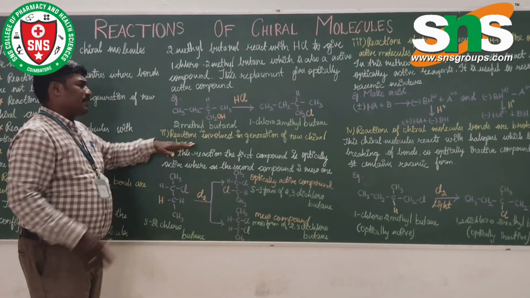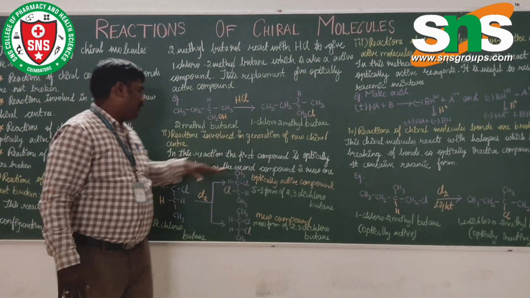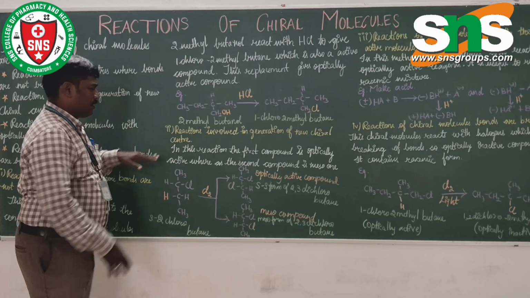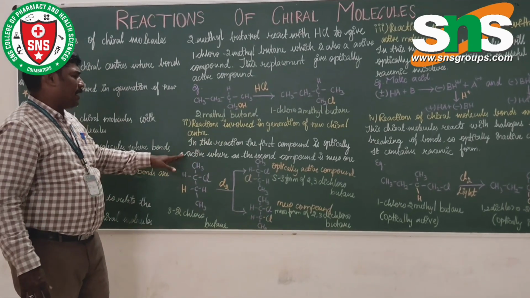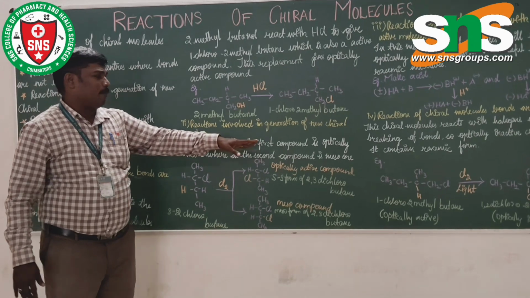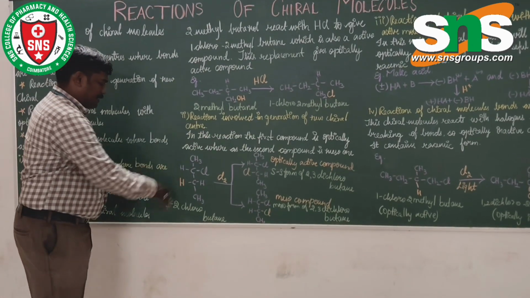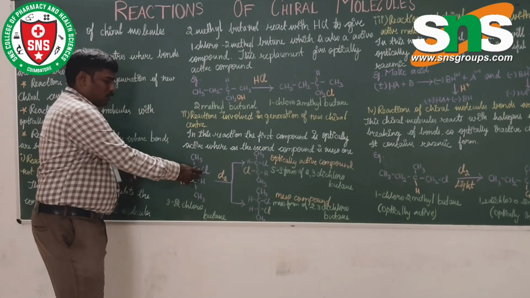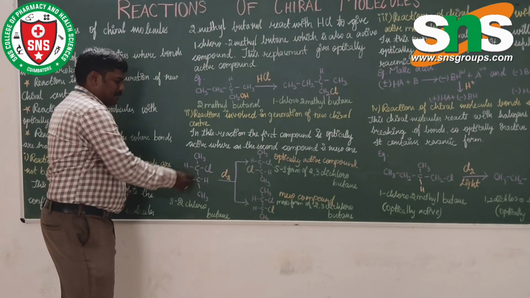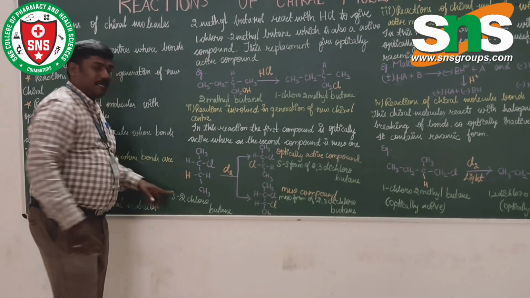The second one is reactions involved in generation of new chiral center. You will find this reaction. Here the compound is optically active, whereas the second compound is a meso one. Here is the example, S-2-chlorobutane. In second position chlorine is present, CH3, CHCl, CH2, CH3.